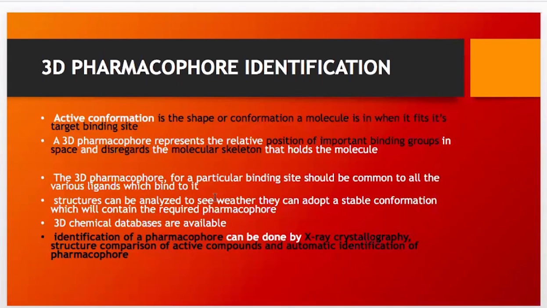But as you are visualizing them, you get rid of the molecular skeleton. Let's say you have a benzene ring connected to a hydroxyl OH and to CH3. Once you identify that the important parts are the CH3 and the hydroxyl group, you can get rid of the molecular skeleton, which is the benzene, so that you don't look at it.